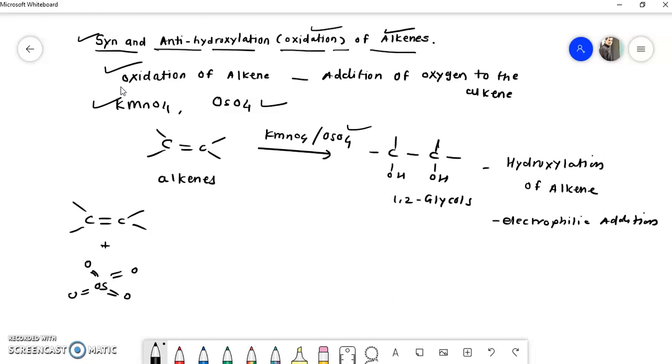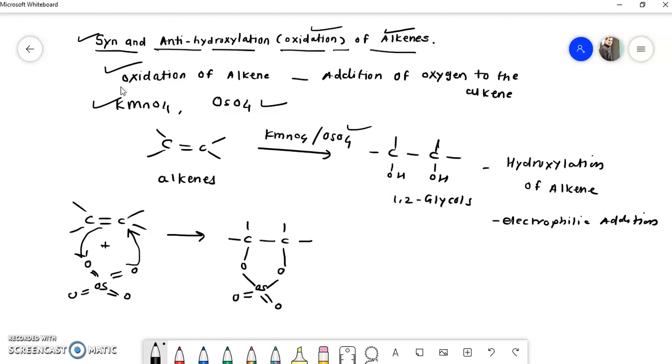Suppose this double bond shifts here, and then this double bond shifts here. So there is a formation of such an intermediate. Oxygen, here is also oxygen. Here is the osmium and this double bond O.